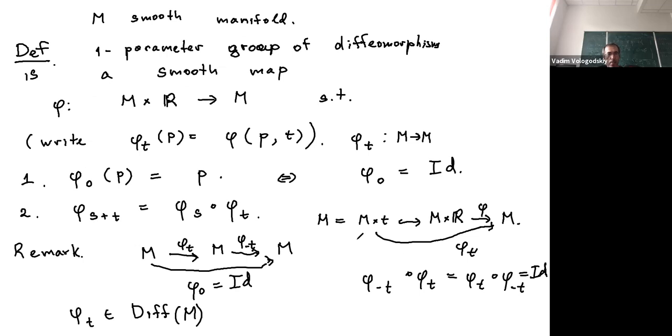This is expressed by saying that this function in two variables is smooth. So it requires smoothness in t as well. That's the main point of this definition, compared to what we had before. So very good.